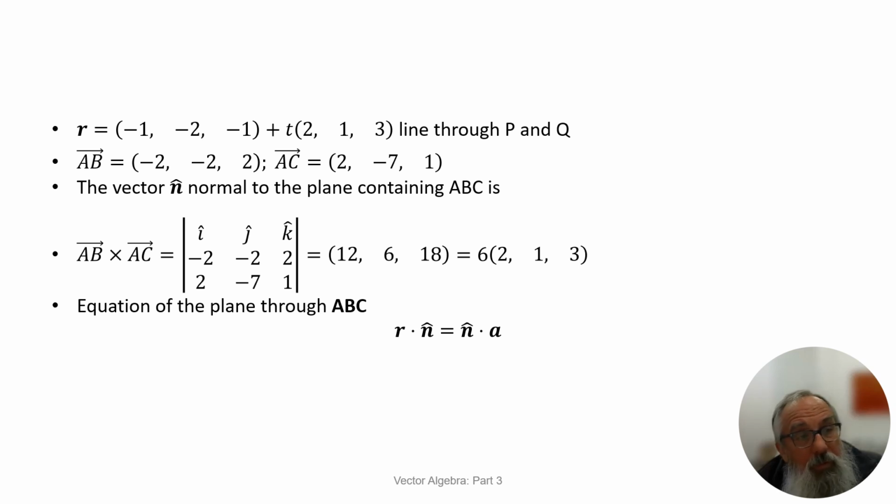We can go through the steps, do the cross product, and we can calculate our equation of the plane ABC. And that comes out to be equal to 7. So we've got our normal.